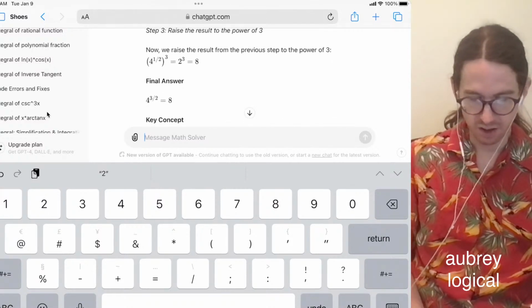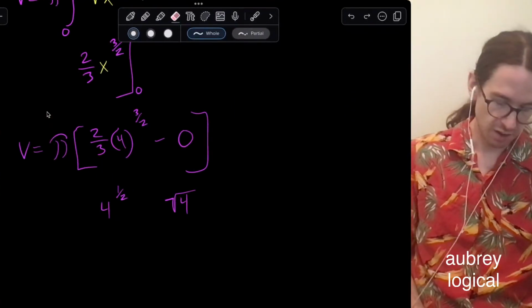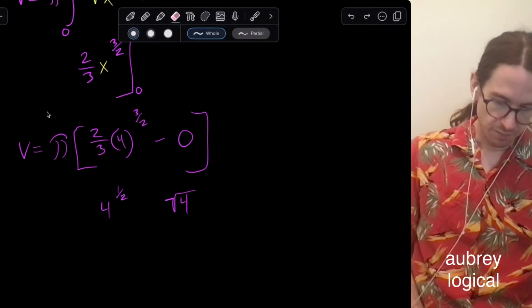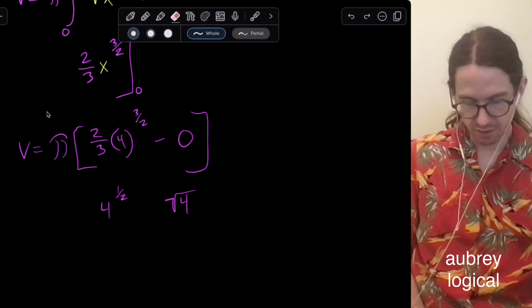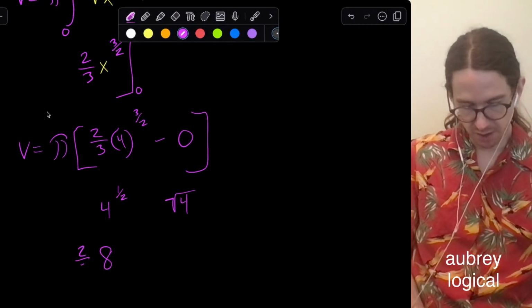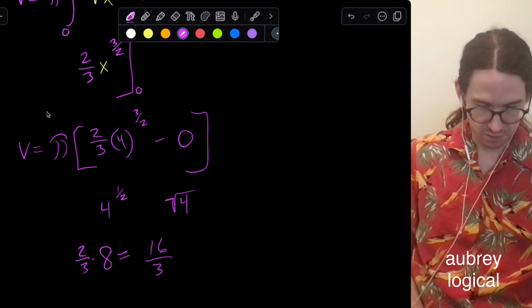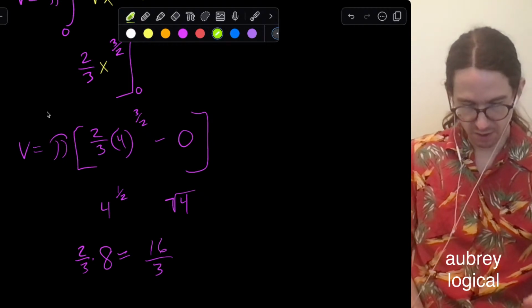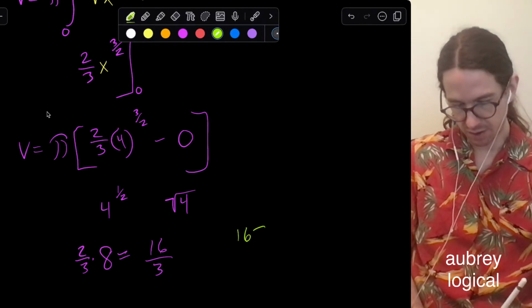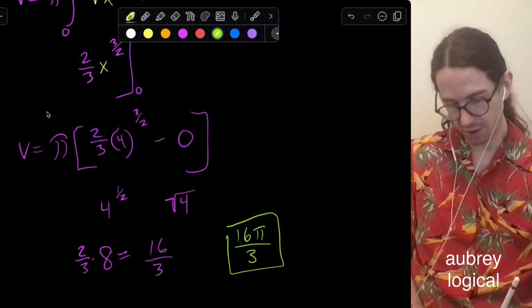Apparently, they don't want to talk about the 8. So let's just go ahead. How interesting. Okay, so if we say that that is 8, and then times that by 2/3, it's going to give us 16/3. So that means I can deduce our answer should be 16 pi over 3.